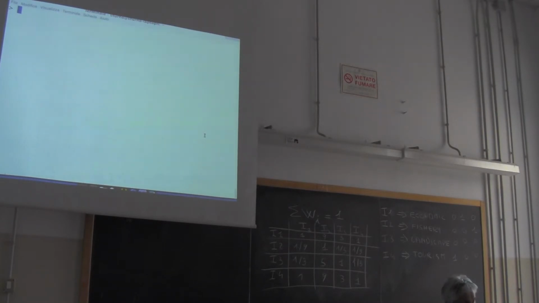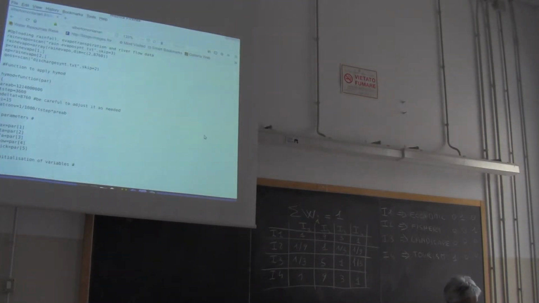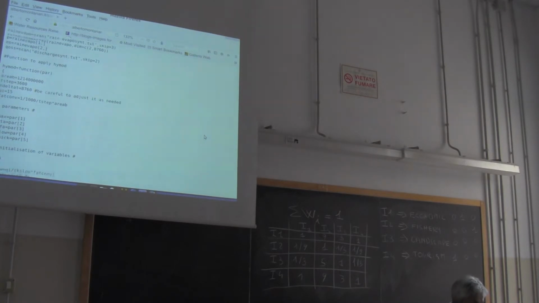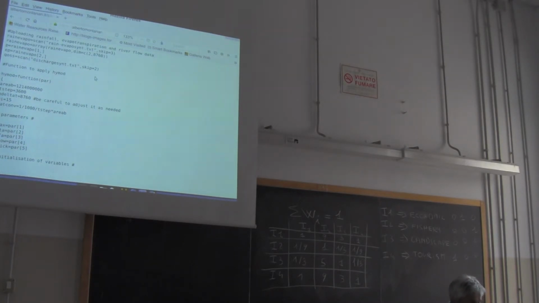Okay, I modified the R code because I wanted to include in the first part the instruction for uploading rainfall, evapotranspiration, and river flow. You already did this, so you know how to do it. But for completeness, I wanted to give you the full set of instructions.